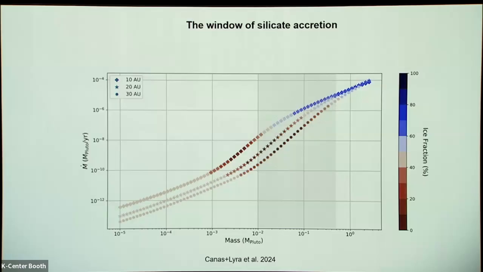At 10 AU, you see that you form a mass of about 10 to the minus 2 Pluto mass, and immediately you start creating a lot of ice, right? So that doesn't work too well. At 20 AU, yeah, you hit here the sweet spot for the silicate accretion. At 30 AU, yeah, you are in the silicate window, but the mass accretion rates now are 10 to the minus 10, so that's too low. So that does not work, even though the pebbles that you would need would be there.